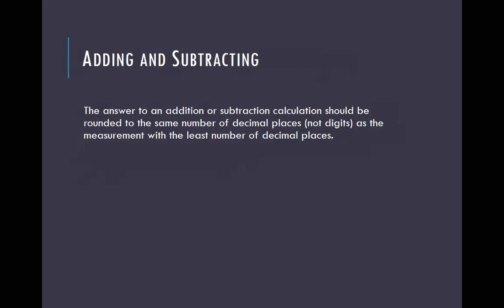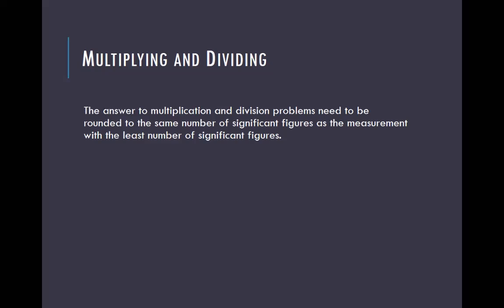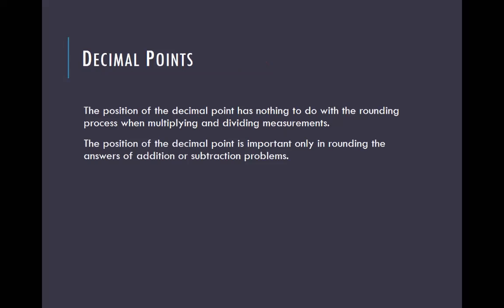When we multiply and divide, however, we are counting how many actual sig figs, not decimal places, and we calculate to the least number of significant figures. When it comes to decimal points, the position of the decimal point has nothing to do with the rounding.